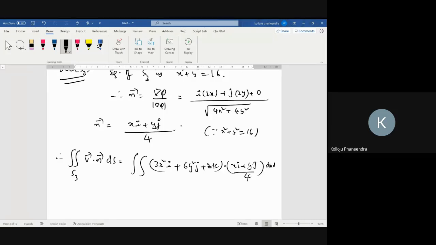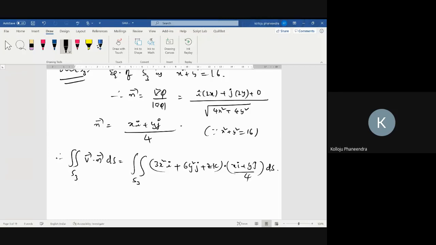And then dx dy by n bar dot k bar. If you want to write n bar dot k bar, it's not possible, right? Because there is no k bar here. The denominator will be 0. So let me keep ds as it is.